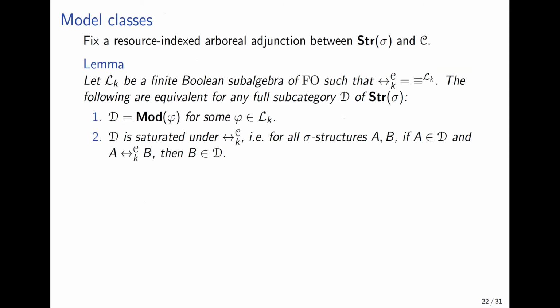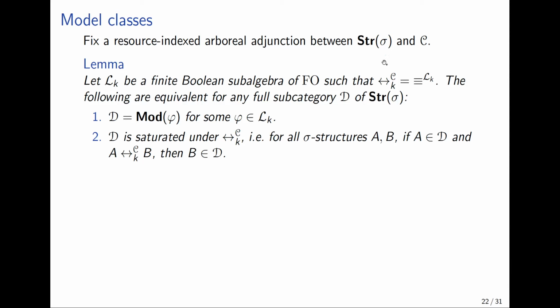That's a necessary ingredient. What you can do, and let's do this concretely, you take a resource-indexed adjunction between a category of sigma-structures and some category C. And then we will replace the sigma-structures by some base category E.